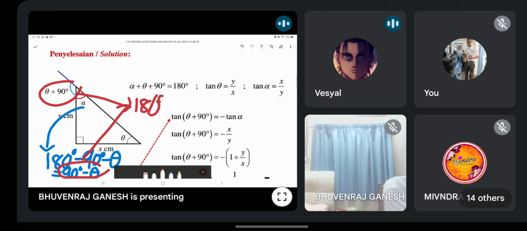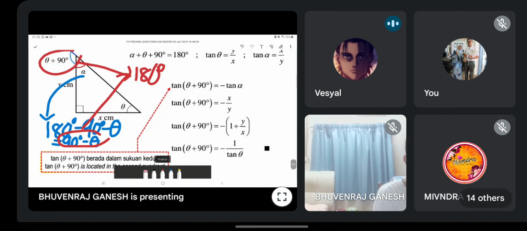Okay, so the next step is to finally start proving. So we want to prove tangent theta plus 90, and we know that tangent theta plus 90 is more than 90 degrees but less than 180 degrees. Therefore, it is in quadrant 2. And we know that quadrant 2 tangent is negative. Okay, so the next step is tangent theta plus 90 is actually equals to negative tangent alpha. I think you'll get that.